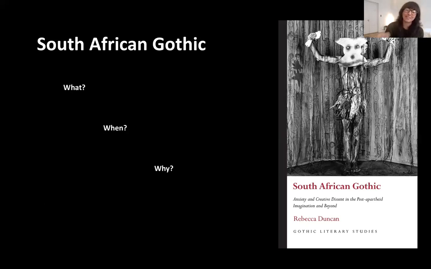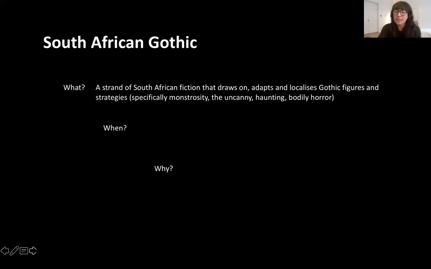if people want to in the discussion section. Okay, so I'm going to start out with these three questions: South African Gothic, what is it, when is it, and slightly more mysteriously, why is it? So what is it? South African Gothic is a strand of South African literature that draws on and adapts and localizes Gothic figures and strategies.